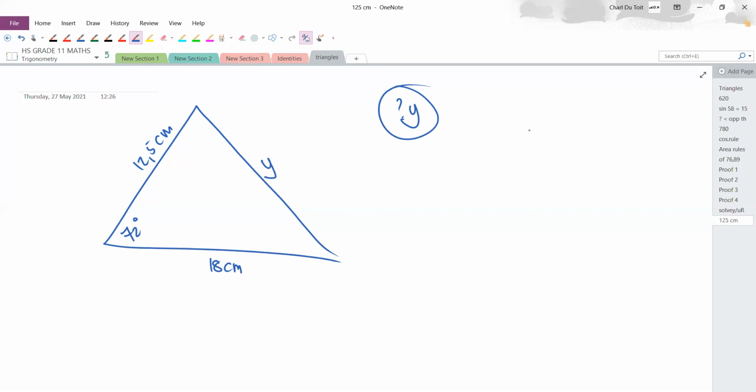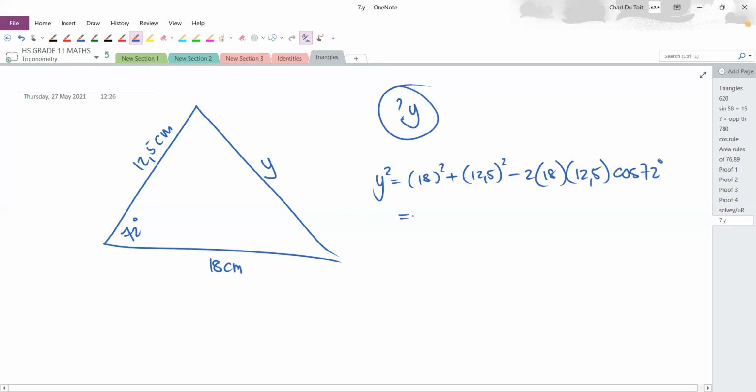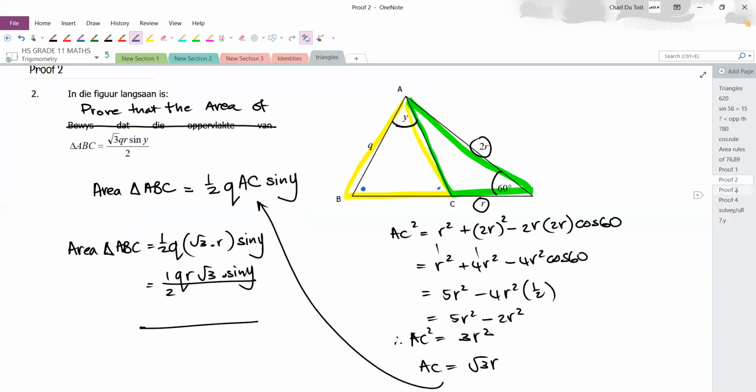It looks right, yes. Y squared equals 18 squared plus 12,5 squared minus 2 times 18 times 12,5 cos 72. You just type it in your calculator and you take the root of the answer. You were right. What was the answer? 18,47. Okay. Good. So now we go back to those proofs.